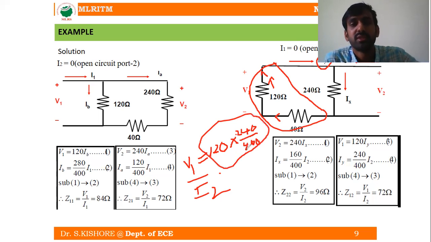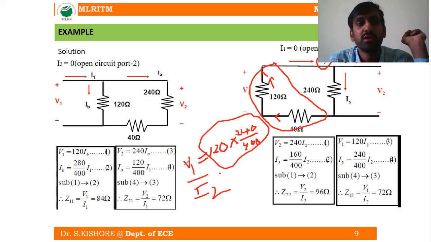So what is this V1 by I2? It is the input voltage to the output current, which is nothing but the transfer impedance, specifically the reverse transfer impedance, Z12. It is the open circuit reverse transfer impedance, because we are open circuiting port 1.